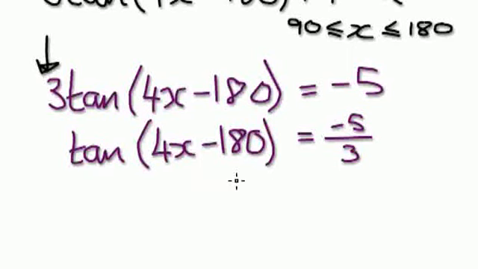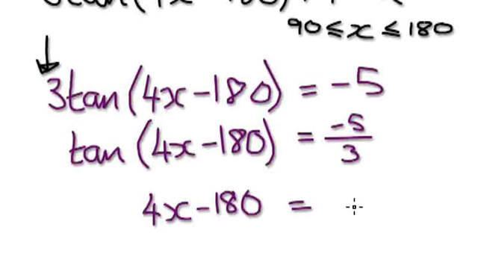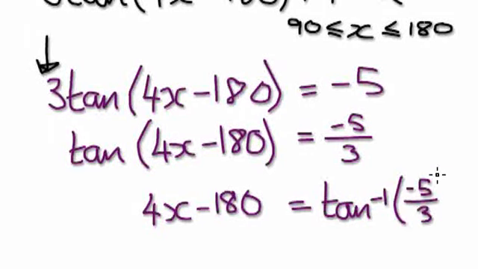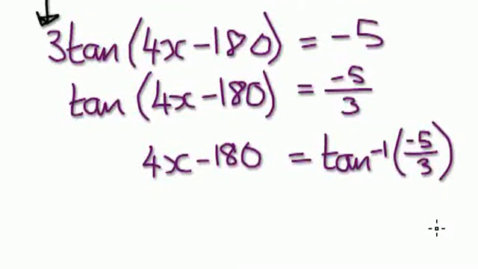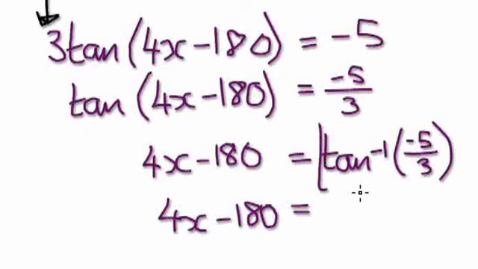Okay, and now you could say that 4x minus 180 here equals, well, inverse tan both sides, so this will be this negative 5 over 3. So now you would jump to your calculator.